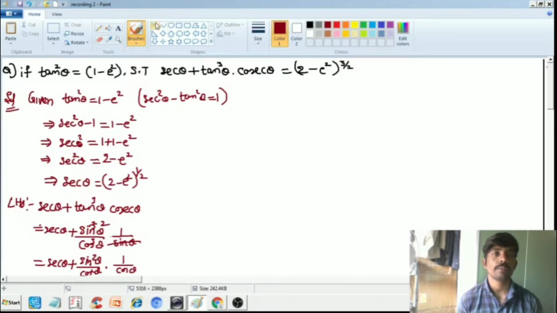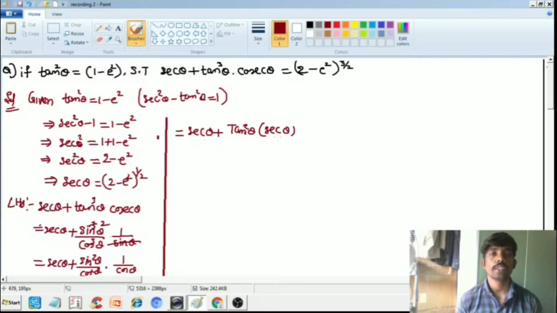From here, secant theta plus tan square theta into 1 by cos theta can be written as secant theta. We have secant theta, take common secant theta, 1 plus tan square theta.